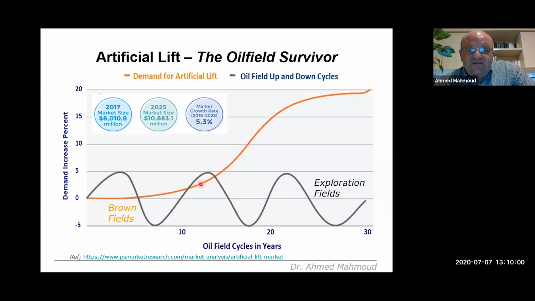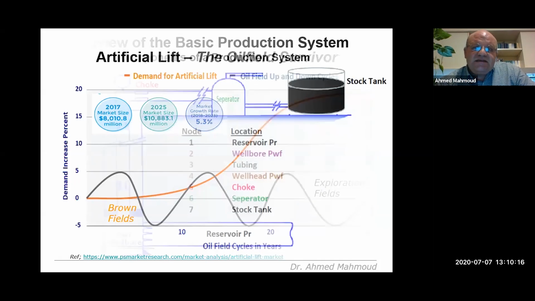And basically, if you look at this curve, we are moving up. The need for artificial lift methods will always be there and will always be taking the upturn in terms of the actual oil field demand.